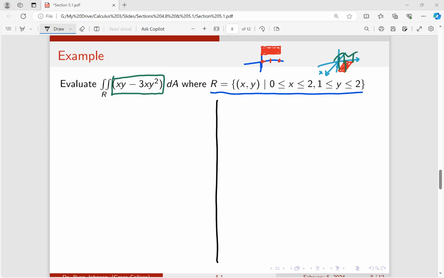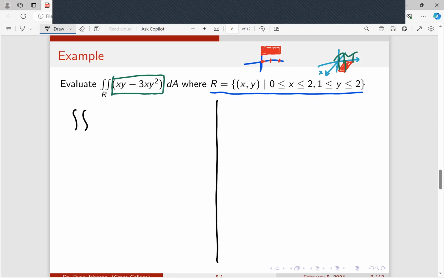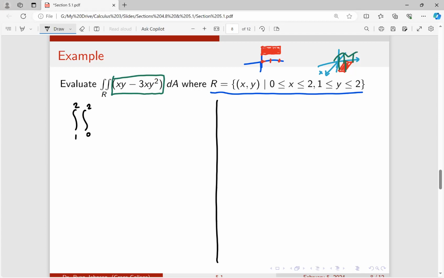So if we do x on the inside, that's 0 to 2, y on the outside, that's 1 to 2. Then we get xy minus 3xy squared. We're doing x on the inside there, y on the outside. The other way we'll do it, we'll integrate y on the inside, which goes from 1 to 2, x on the outside, which goes from 0 to 2.